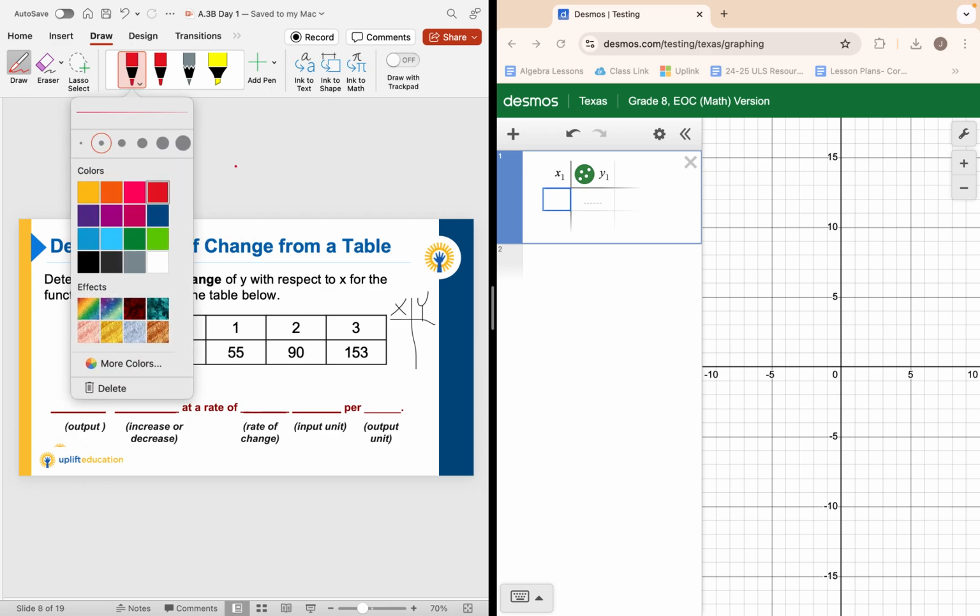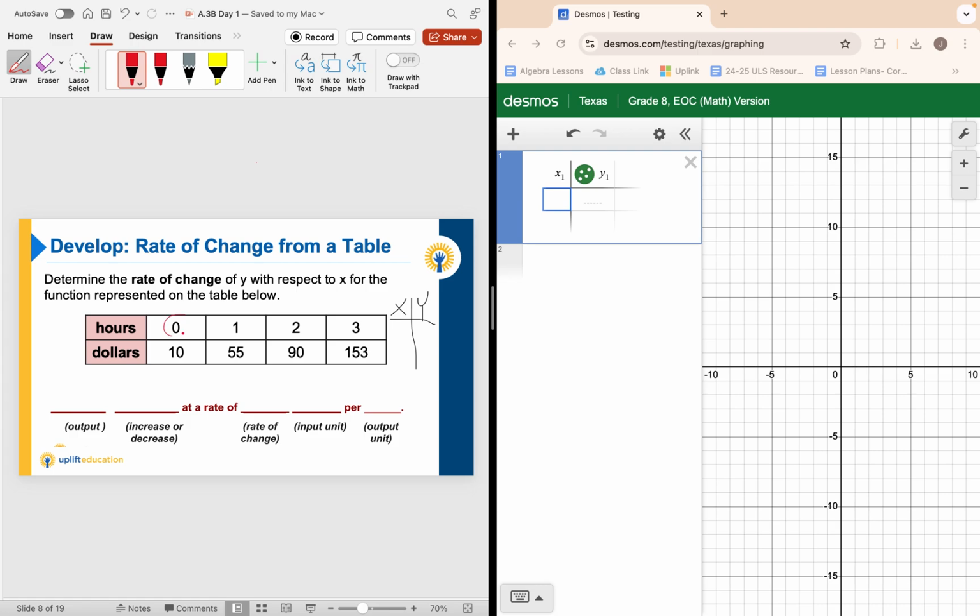All right, so we're going to start with our x values, and our x values are 0 and 1. So I'm going to write 0 and I'm going to write 1. Our y values are 10 and 55. So now I'm going to write 10 and 55.